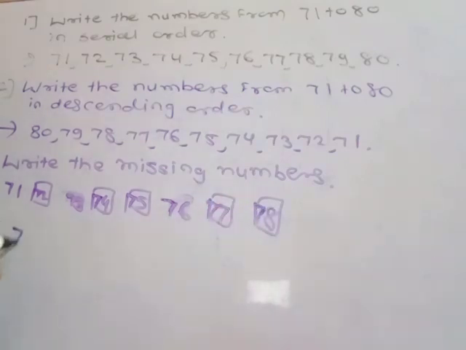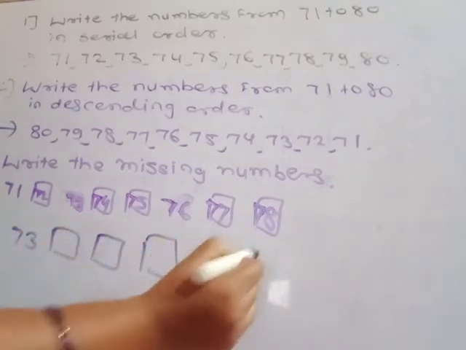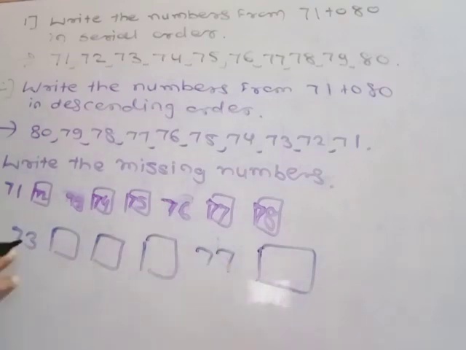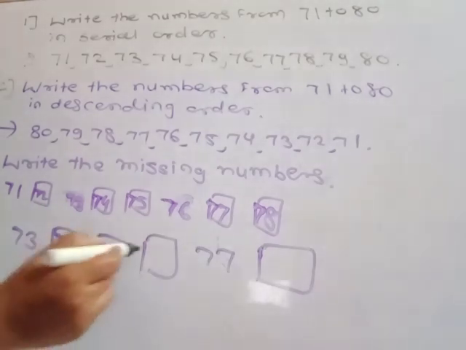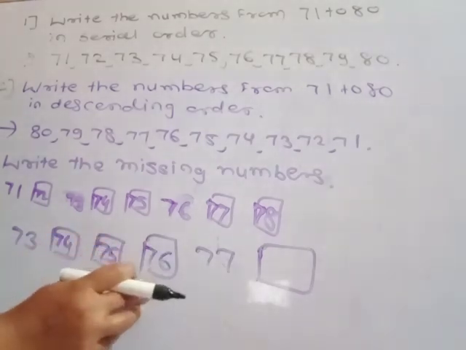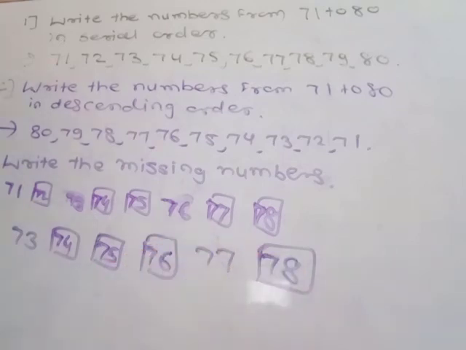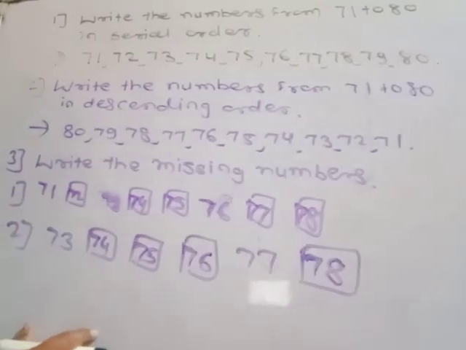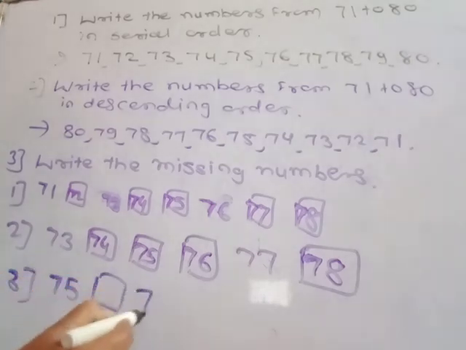Then second one, see 73. Here 73 number is given, empty boxes. 73 after which number here? 74. 74 after 75. 75 after which number here? 76. 76 after 77 and 77 after 78. Then third one, here 75, one empty box, 76.